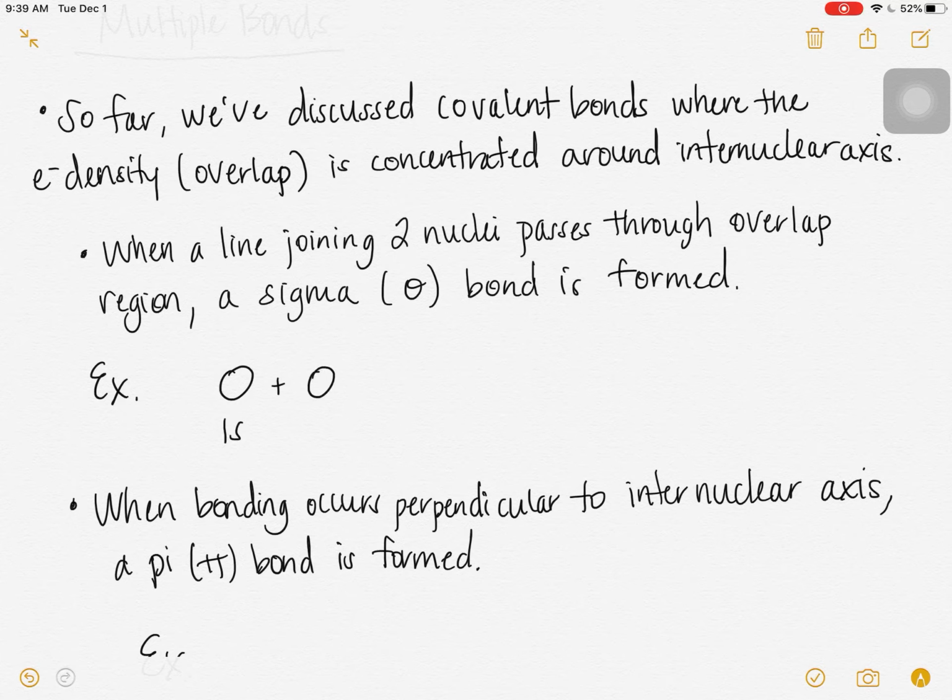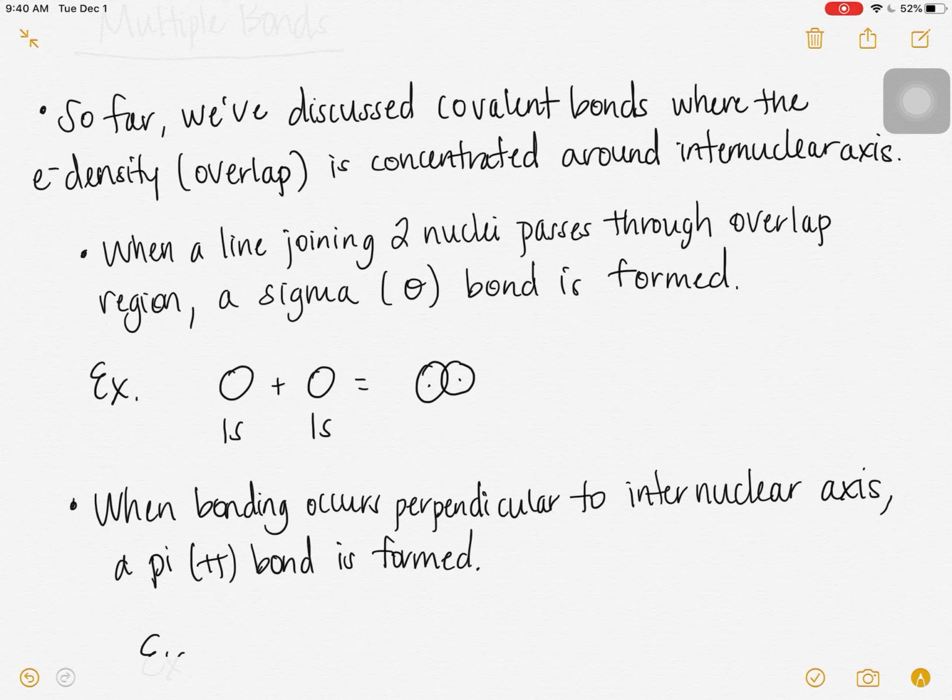Let's say we have an s orbital plus another s orbital. If I were to bring those two together to overlap them, this is the one that looks like the Venn diagram, so to speak. Well, the internuclear axis is the line that connects the two nuclei.